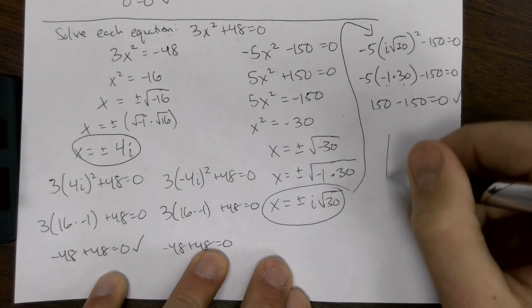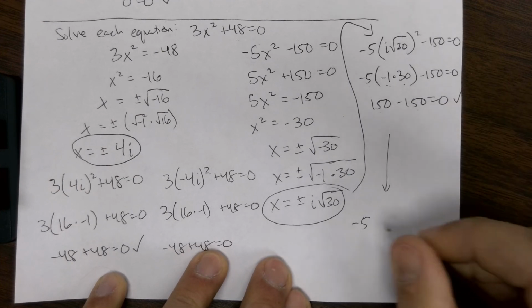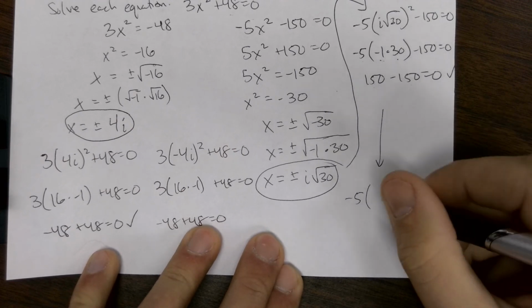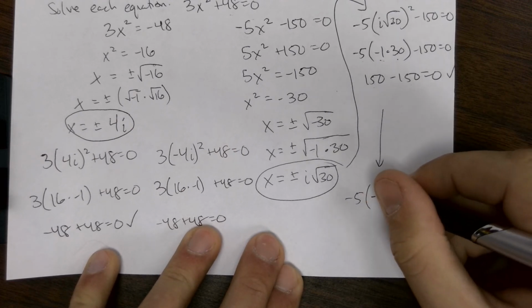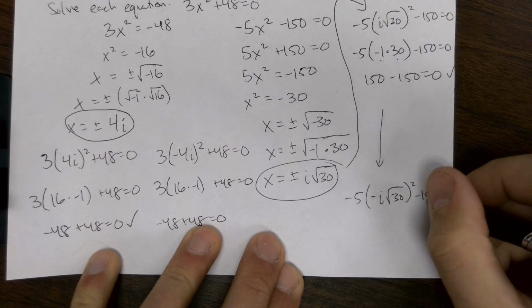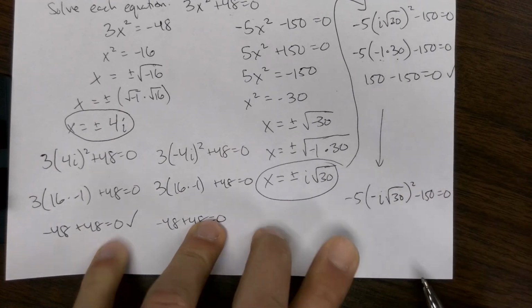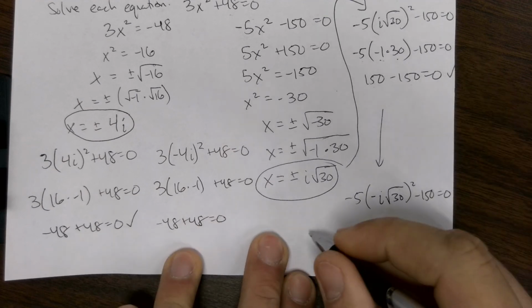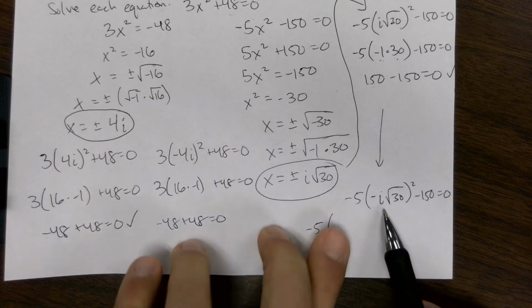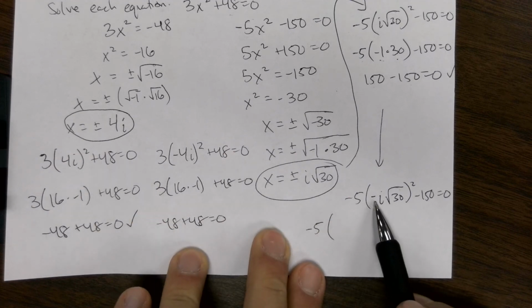Next, I'll do the other one down here. Negative 5 times negative i root 30 squared minus 150 equals 0. So I can kind of move things around here, or I can treat this negative as a negative 1.